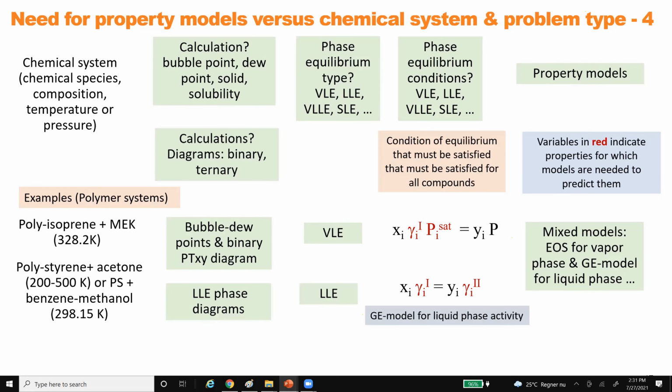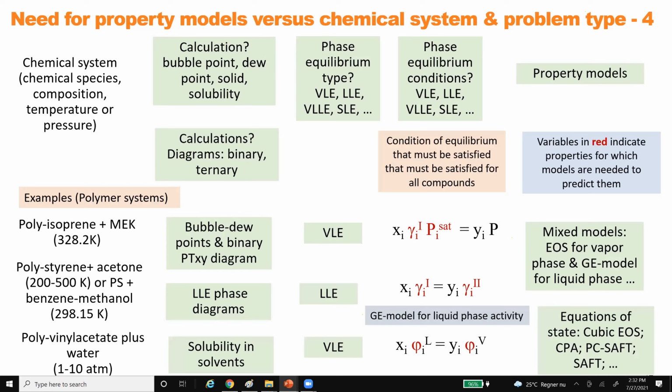If you have polystyrene with acetone, or polystyrene with benzene and methanol at different temperatures, and we know that this will not be vapor-liquid but liquid-liquid, then we again need the liquid-liquid condition and a Gibbs energy based model for both phases.